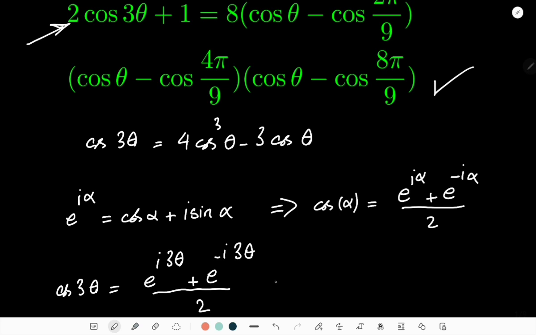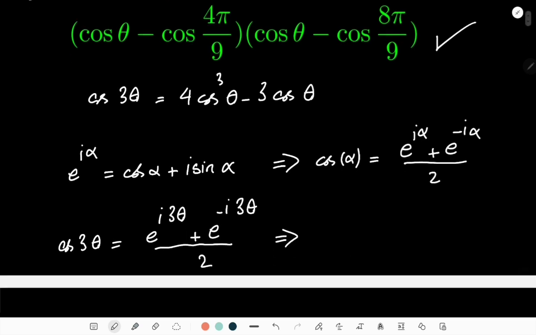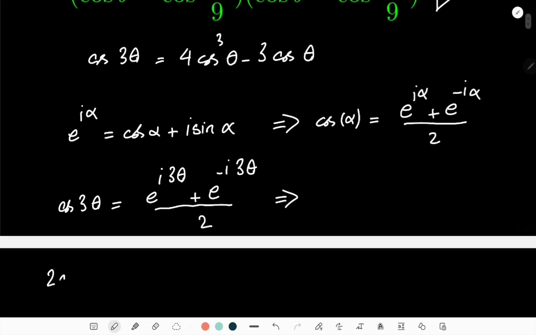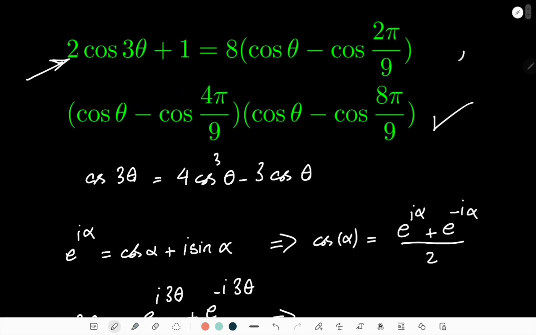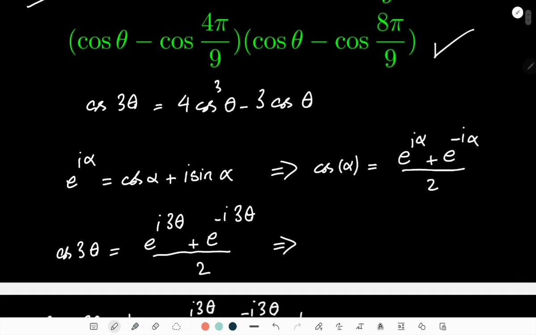Therefore, I will get the following: 2 cosine of 3 theta plus 1 will be equal to e to the power of i 3 theta plus e to the power of minus i 3 theta plus 1. And now probably you're wondering, how can I turn this into the expression on the right? Well, you will see.